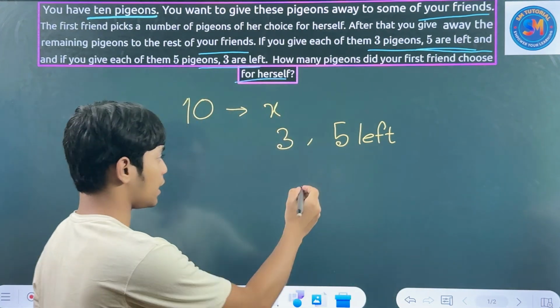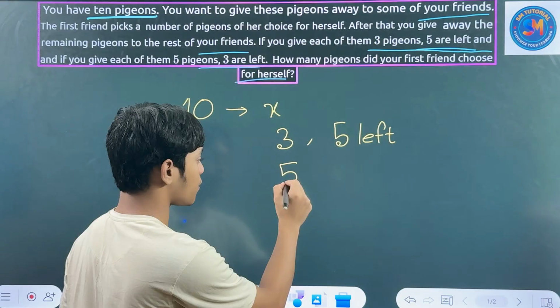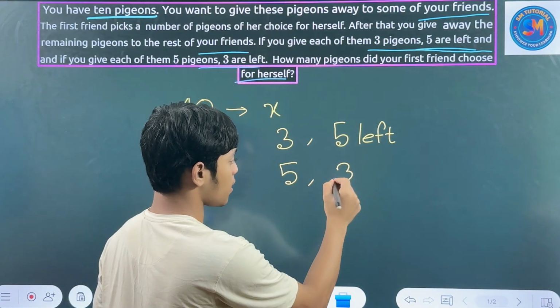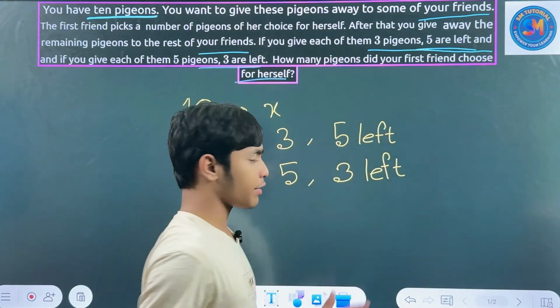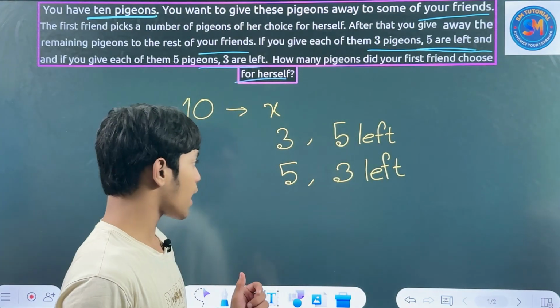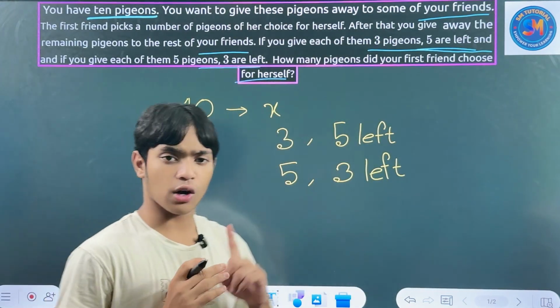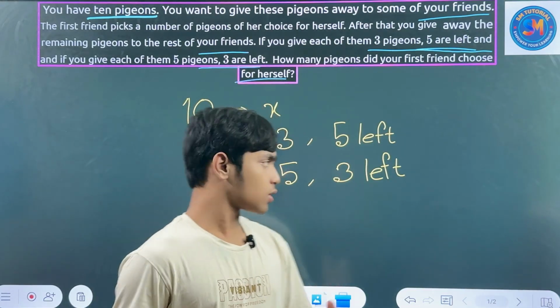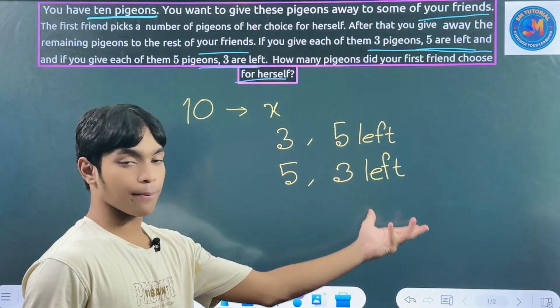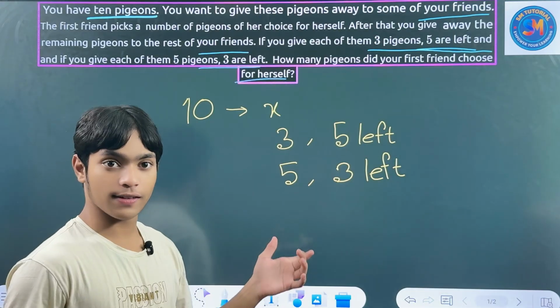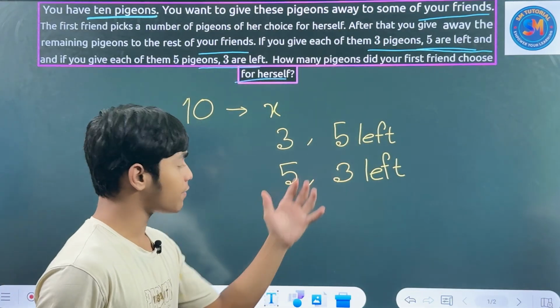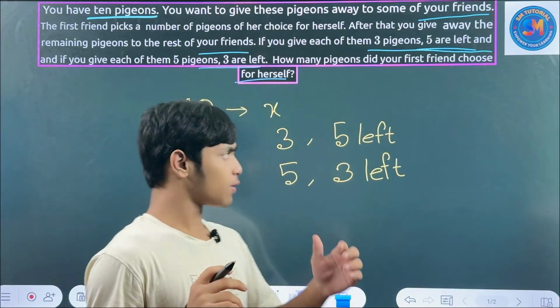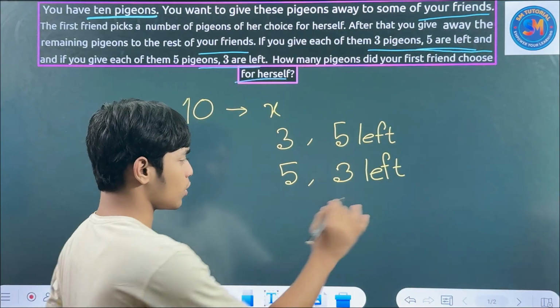Now imagine there is only 1 other friend. If you give them 3, then 5 is left, and if you give them 5, then 3 is left. So you can solve it by the equation now.